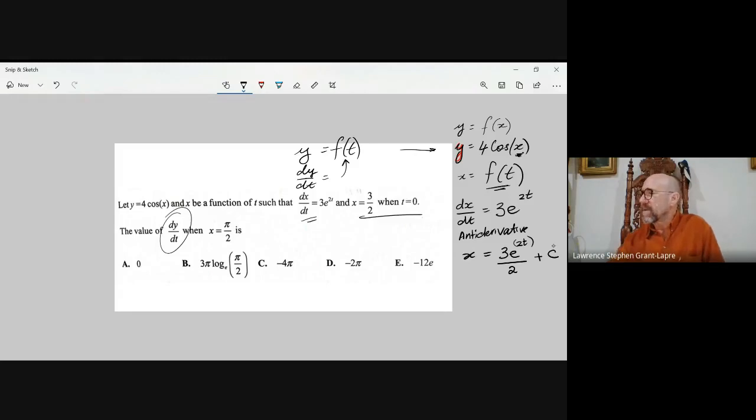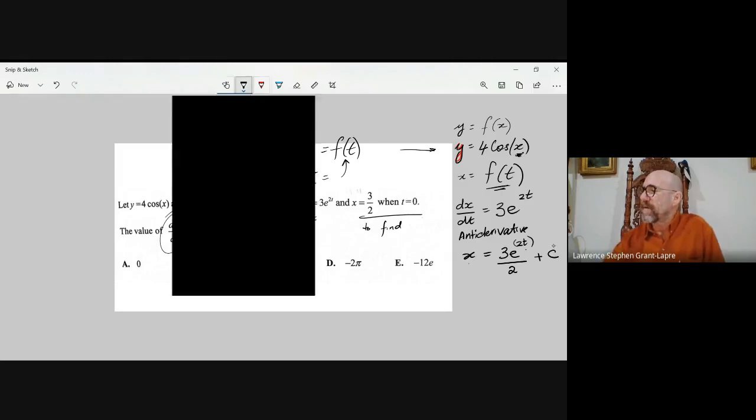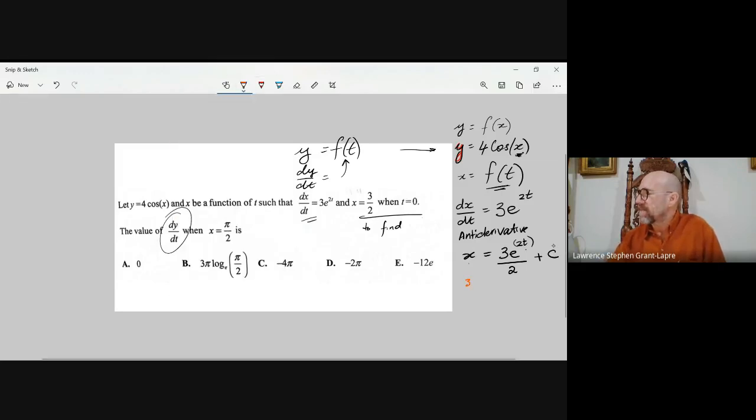Now we're told to find c, we have to substitute a specific value of x and t. So if x is 3/2 when t is 0, then we can find our constant. So 3/2 equals 3 times e to the 2 times 0 over 2 plus c.